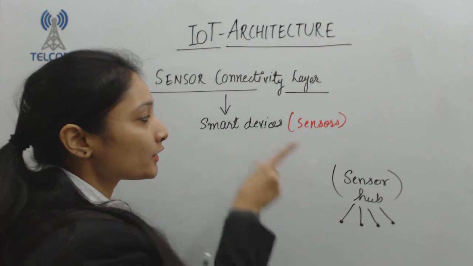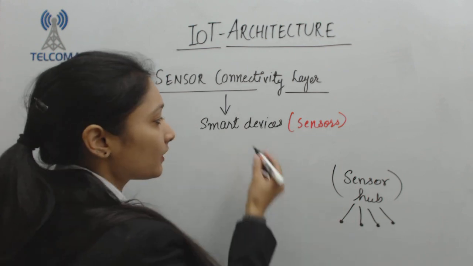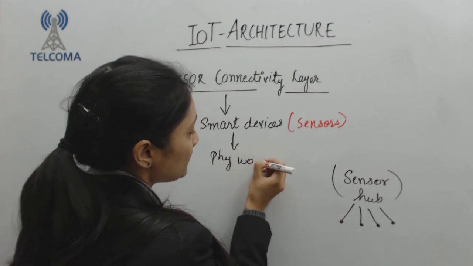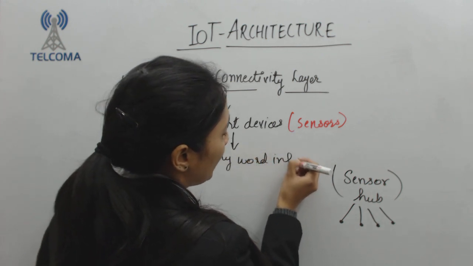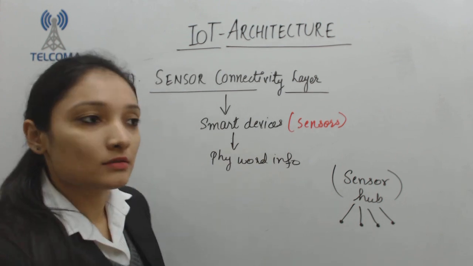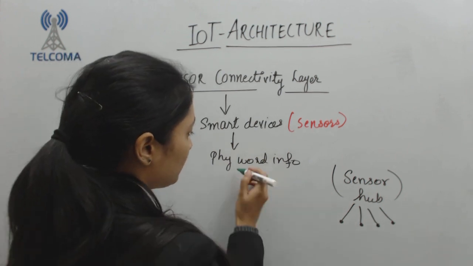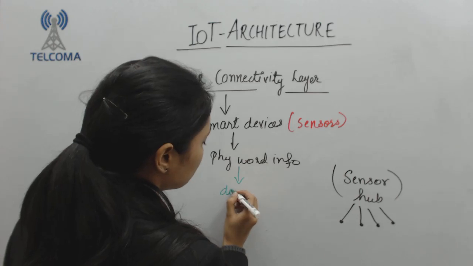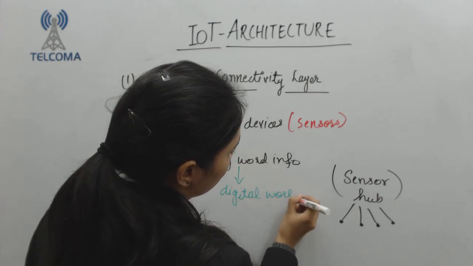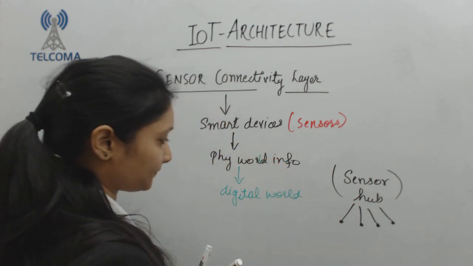So we have smart devices integrated with sensors, which are able to capture information from the physical world. That means these are capturing the physical world information and then transmitting it to the digital world.